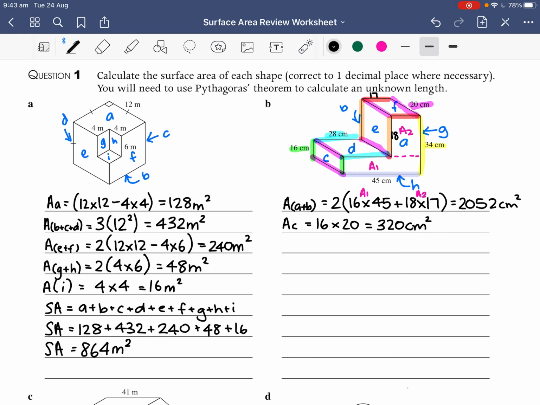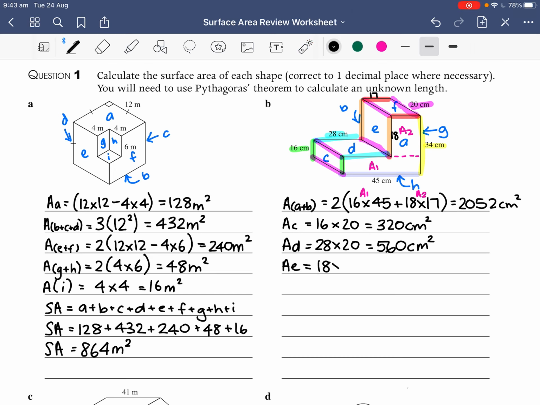These are all area lengths. We then have area D. Area D is this shape here, this rectangle, and it is 28 by 20. So 28 times 20 is equal to 560 centimeters squared. We then have area E. Area E is this rectangle here, and it is 18 by 20.